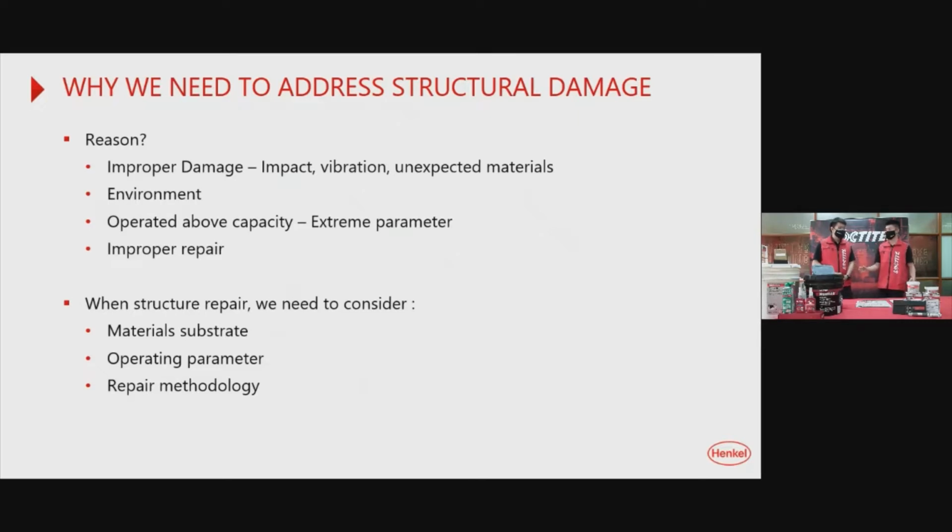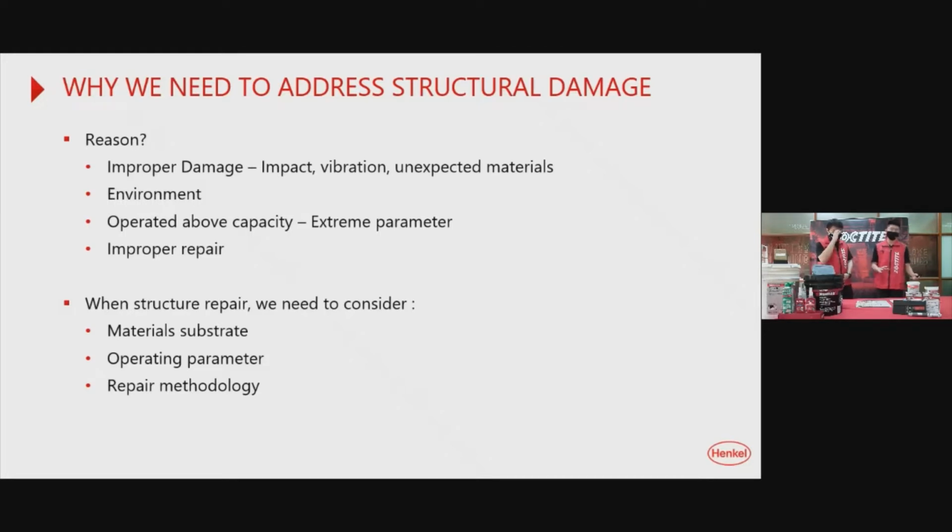Sometimes engineers need to make up the orders from their customers, as demand increases. So they might increase the capacity of their plants above the design capacity. This will also increase the wear and tear rate of the equipment.